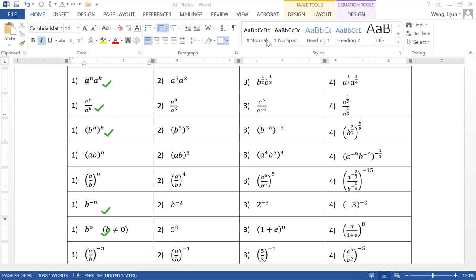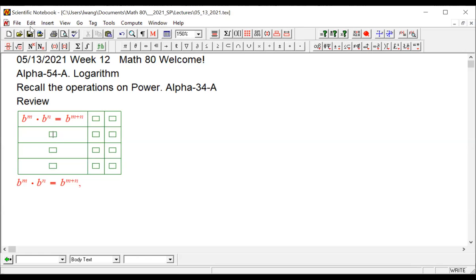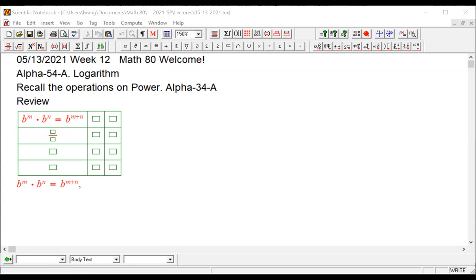Okay, so we're going to go back to the other screen. Okay, so b to the power of, let's see, I'm going to move this over here to the other piece.